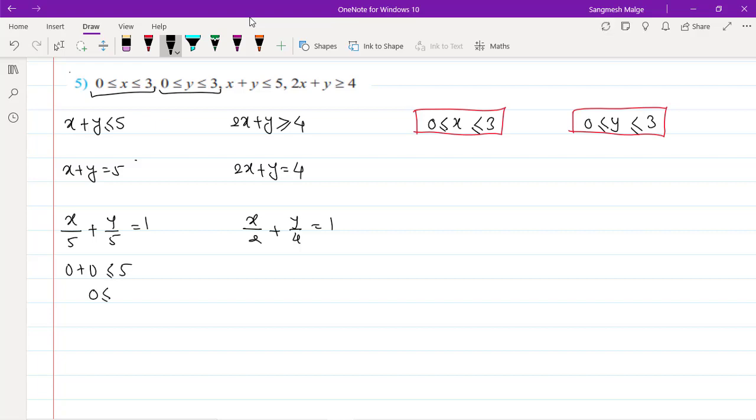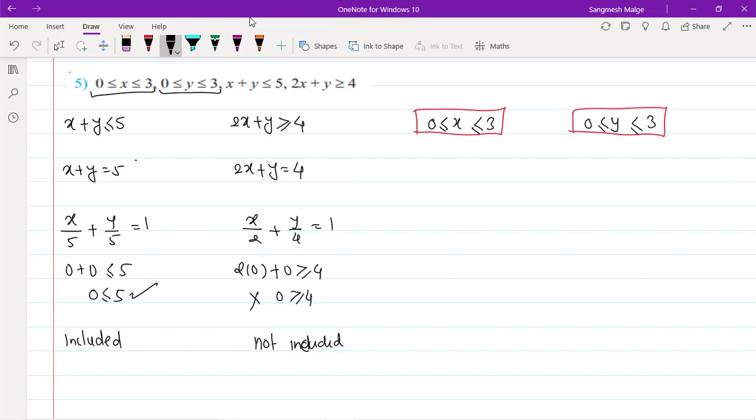So 0 is less than or equals to 5, satisfied. So the origin is included. What about the second? 2 into 0 plus 0 greater than or equals to 4, 0 greater than or equals to 4? Of course not, so the origin is not included for the second line.